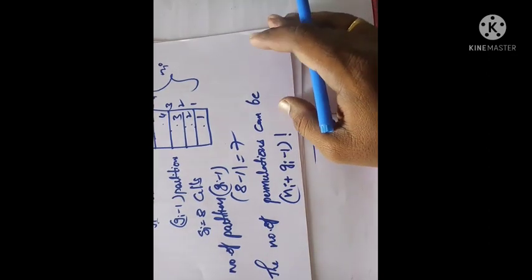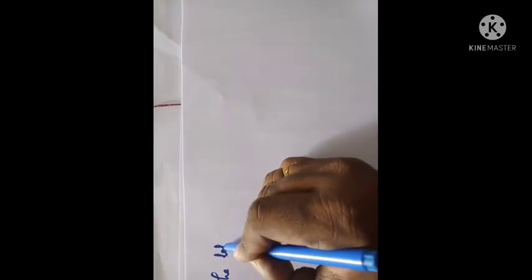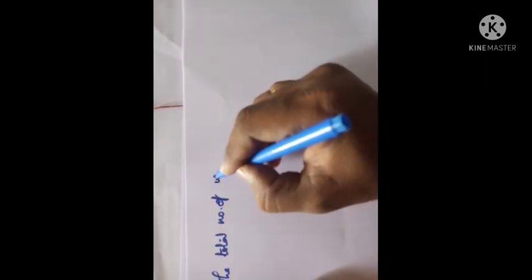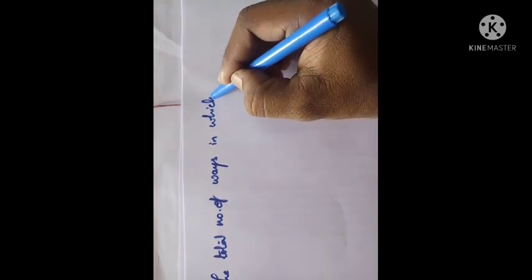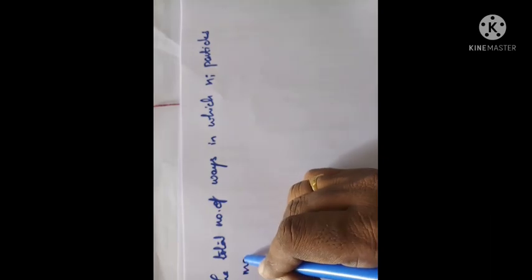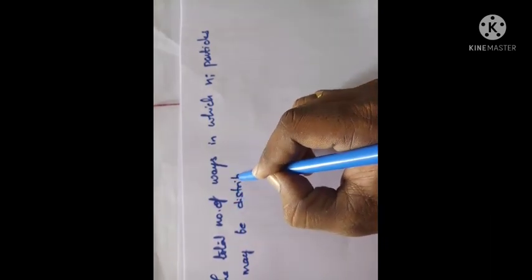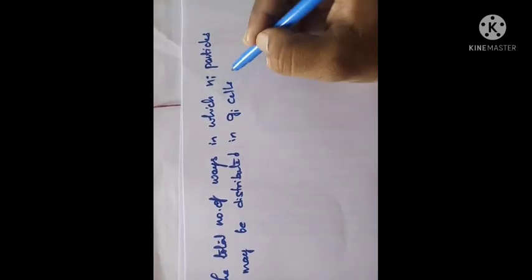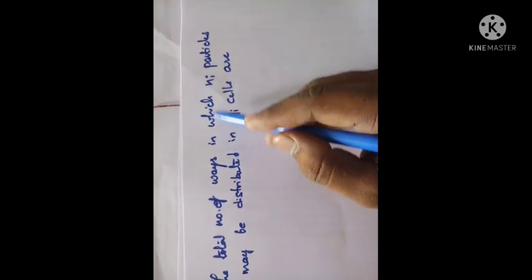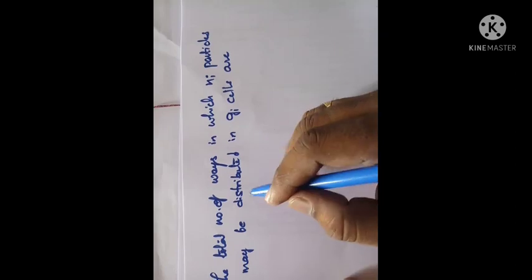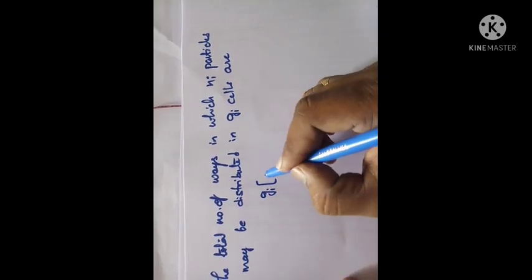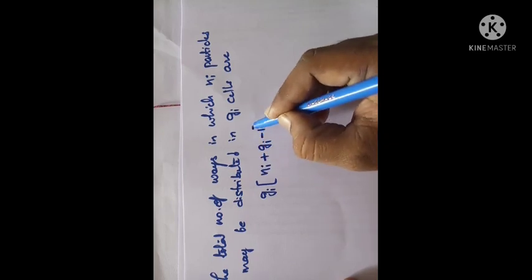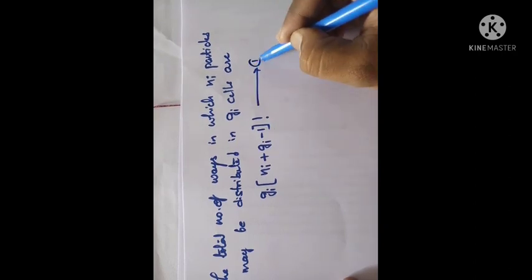Now the total number of ways in which Ni particles may be distributed in Gi cells can be written as Gi into Ni plus Gi minus 1 factorial. Let us call this equation number 1.